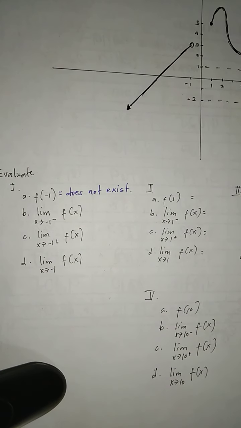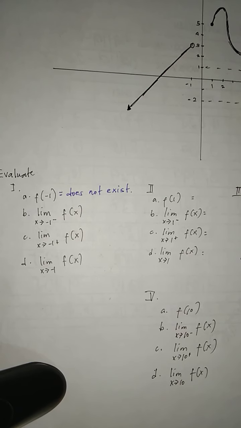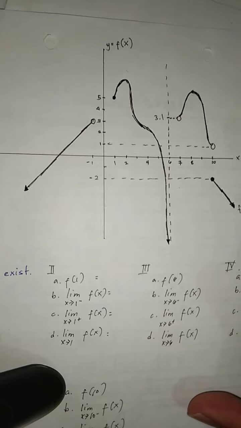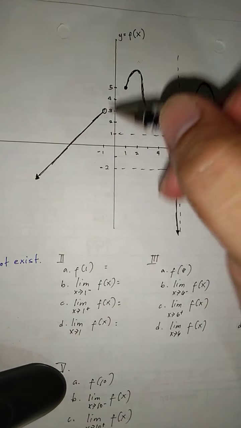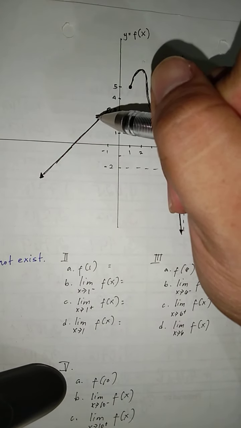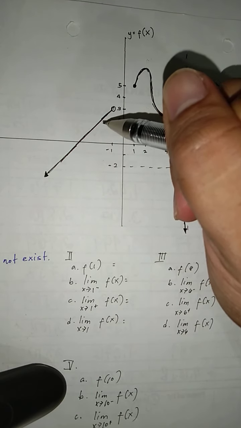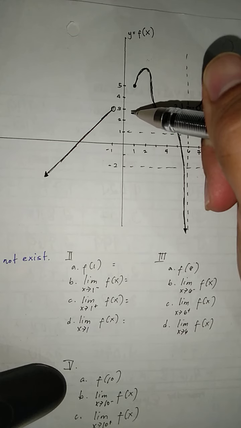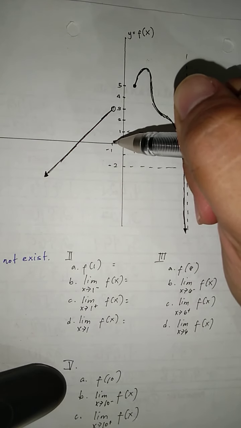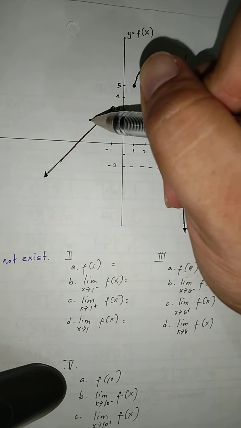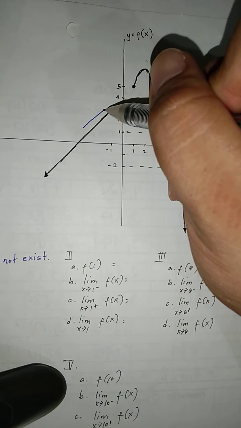Okay. Next, we go to letter B, the limit as x approaches -1 from the left of f of x. Let's review the graph again. For -1 from the left, you look at the left side of -1 and observe the curve. Where does it go as it comes closer to -1 from this side?